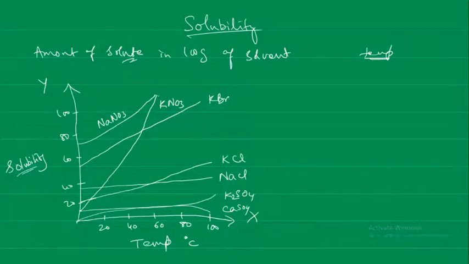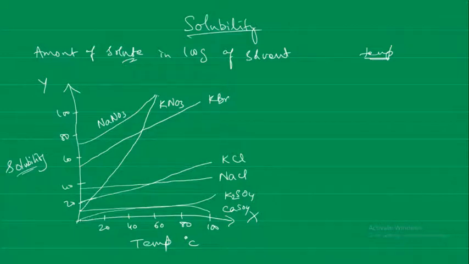Okay, so what do we make out of this solubility curve? There are different salts whose solubility, with respect to temperature, is not essential that always it has to increase. That is what is interesting. Here for example, sodium chloride, very little increase is there. Potassium chloride is okay.